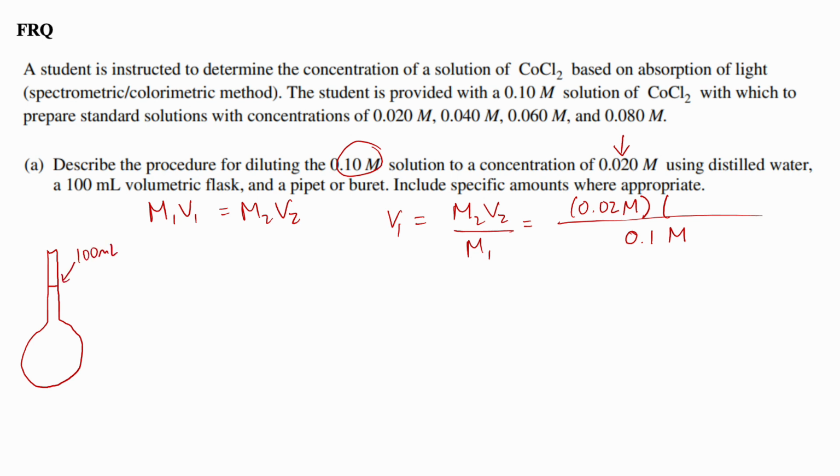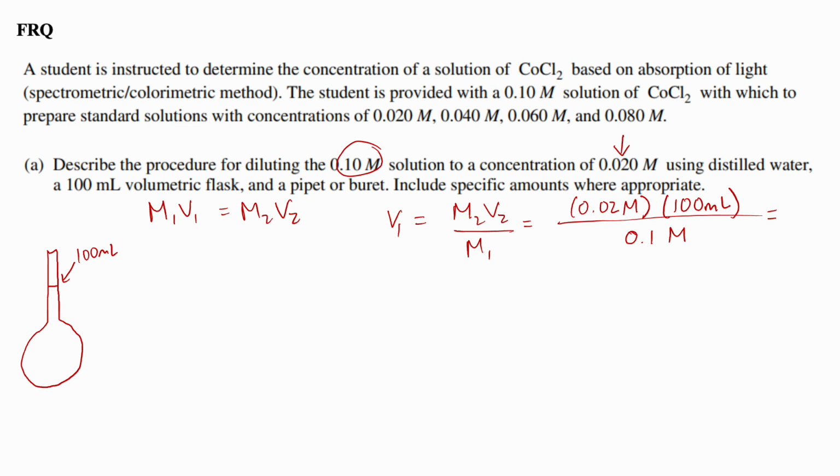So we know that when we are creating this dilution, we're going to end up with 100 milliliters of total solution. So that is going to be our V2, with 100 milliliters. So now that we have this, we can solve for the initial volume of our 0.1 molar solution.